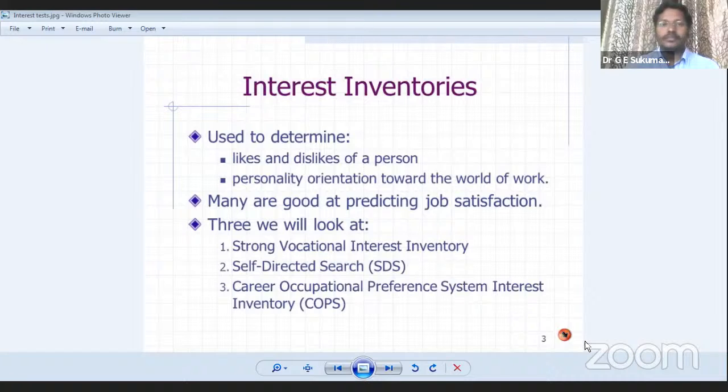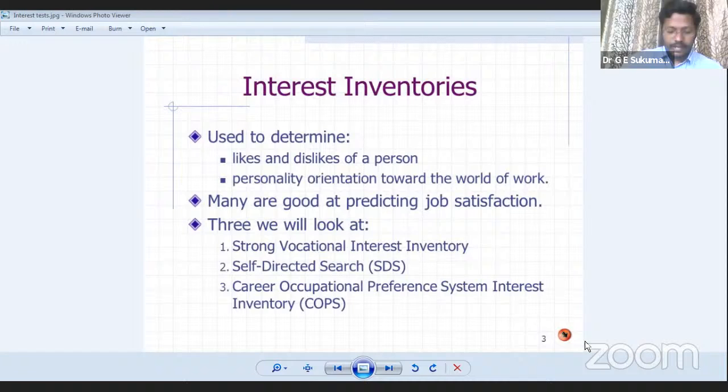Like the Strong Vocational Interest Inventory, Self-Directed Search, and Career Occupational Preference System interest inventory, COPS. All these are interest schedules conducted to know what a person is interested in. There is also the Kuder Preference Record, Thurstone Vocational Interest Schedule, and the Strong Vocational Interest Inventory as we talked about.